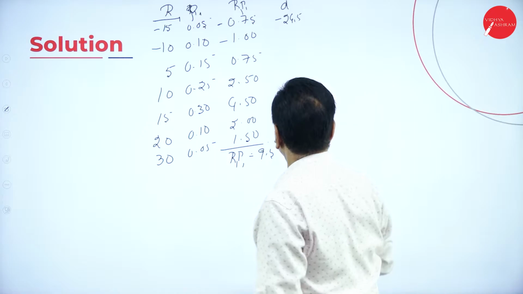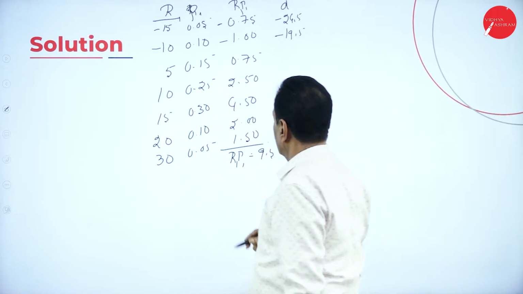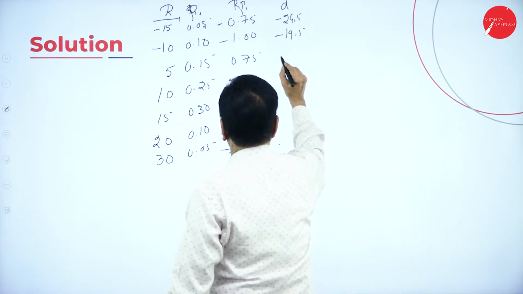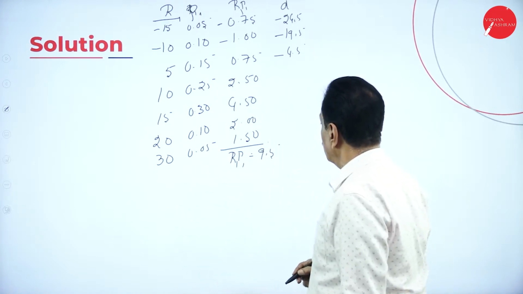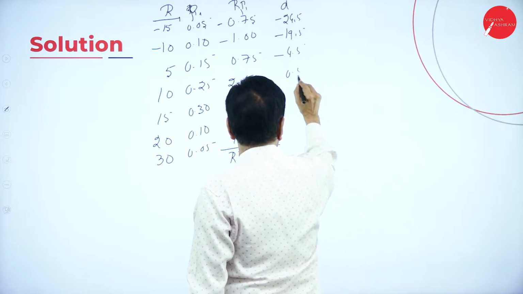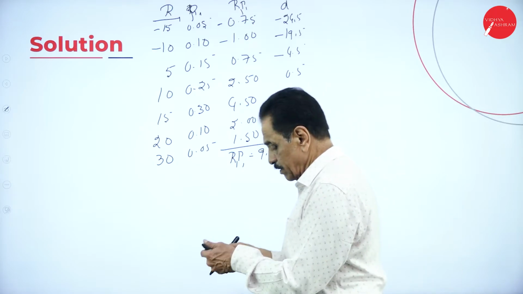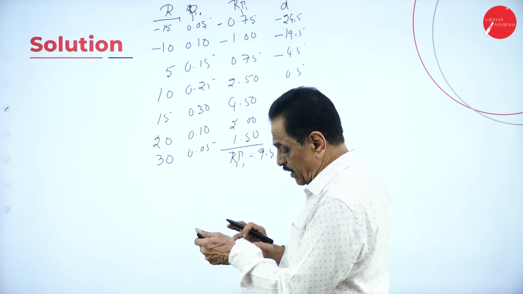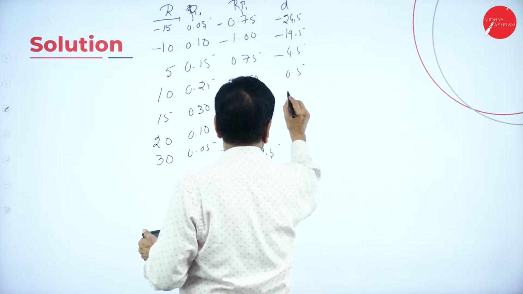Minus 10 minus 9.5, minus 19.5. 5 minus 9.5, minus 4.5. 10 minus 9.5 means 0.5. 15 minus 9.5, 5.5.